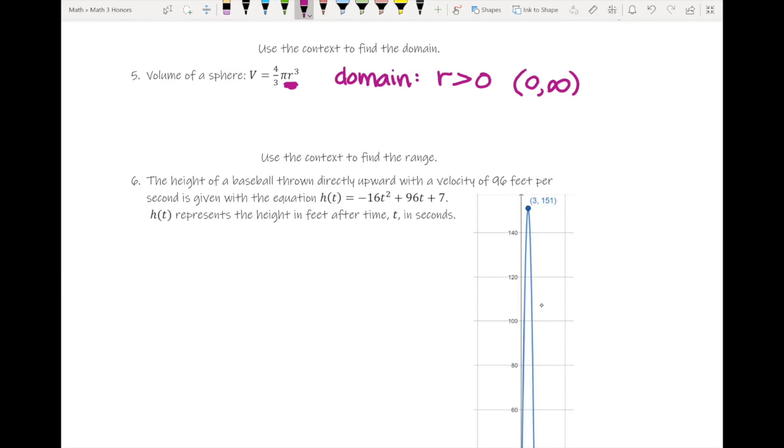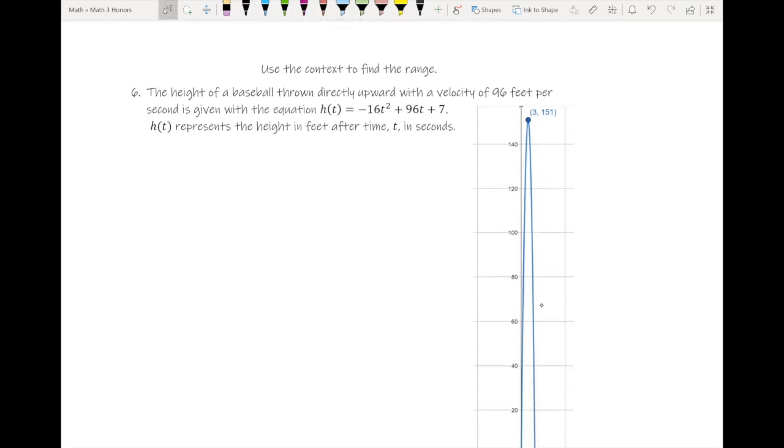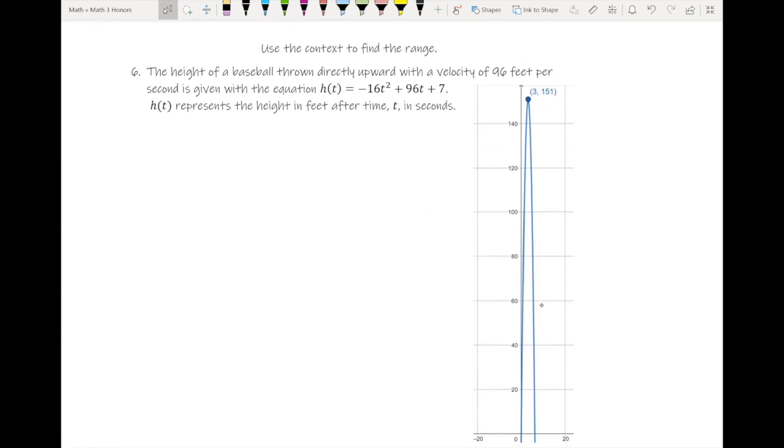The next one, last one, number 6 here, again, the context is we're going to find the range, like the y values, and we're talking about a baseball. The height of a baseball thrown directly upward with a velocity of 96 feet per second is given with this equation, h of t equals negative 16 t squared plus 96t plus 7. So h of t represents the height in feet after time t in seconds.